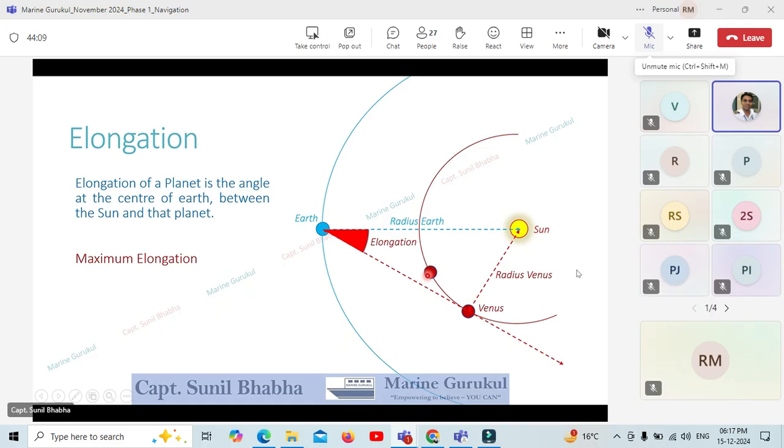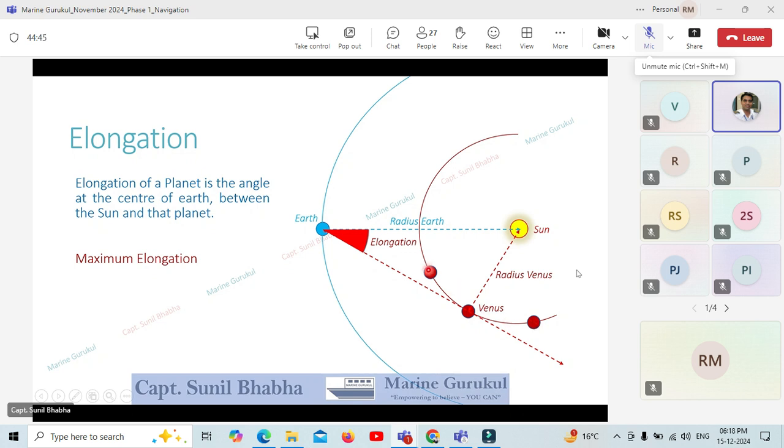Let's assume that if planet Venus is at this particular position here, the elongation will be the angle between the blue color line showing the radius of the Earth and the line joining the center of the Earth with the location of Venus at this particular point. If Venus is at this particular location here, the elongation will again be the angle between the radius of the Earth and the line joining the center of Earth with the center of Venus.